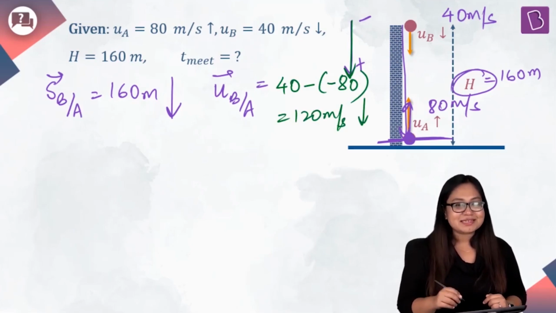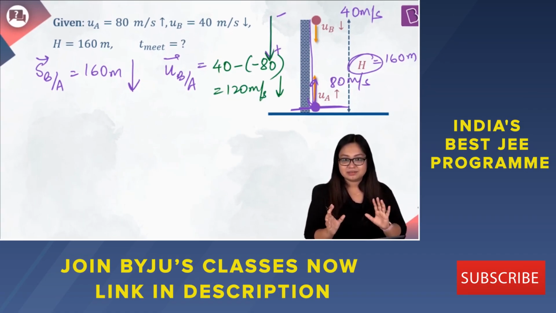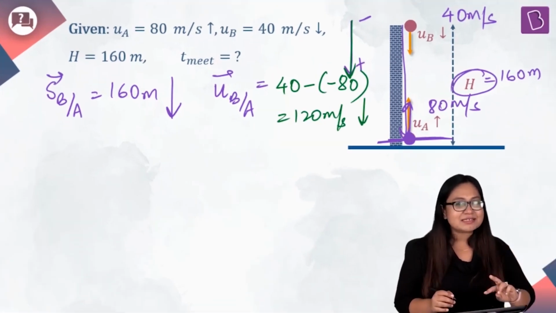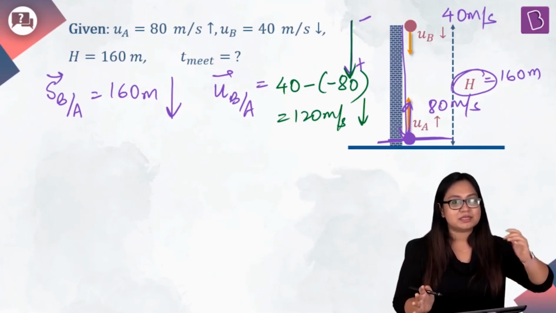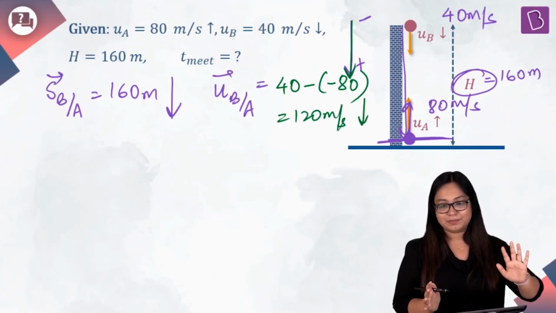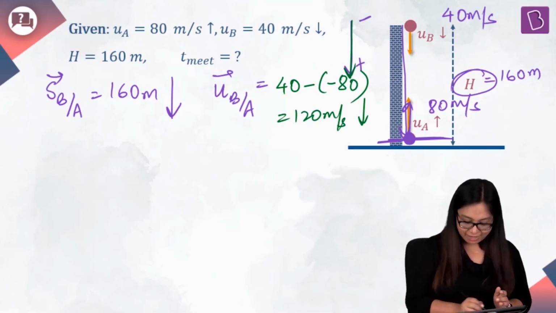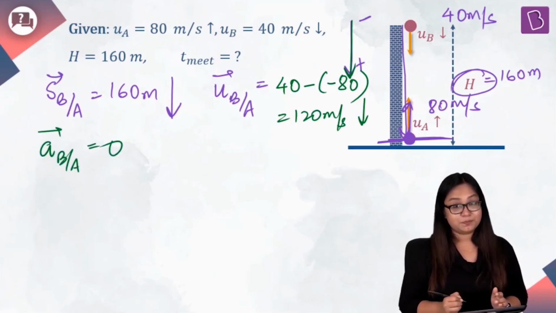What about acceleration though? Both have same acceleration g vector. So relative acceleration will be g vector minus g vector equal to 0. For any two bodies having motion under gravity, whether it is 1D or 2D or 3D, relative acceleration will be 0. So the relative acceleration of B with respect to A is equal to 0.